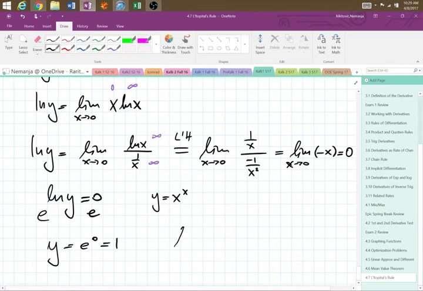So what's the limit? Limit of x to the x is 1. Remember that.